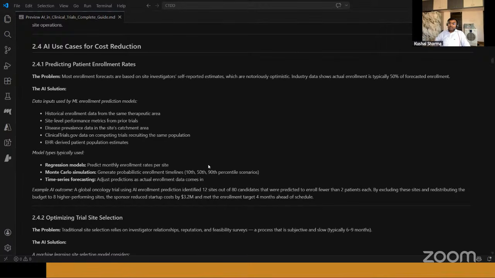By excluding these sites and redistributing the budget to eight higher performing sites, the sponsor reduced the startup cost by $3.2 million and met the enrollment target 4 months ahead of schedule. This can be the impact of AI being integrated.